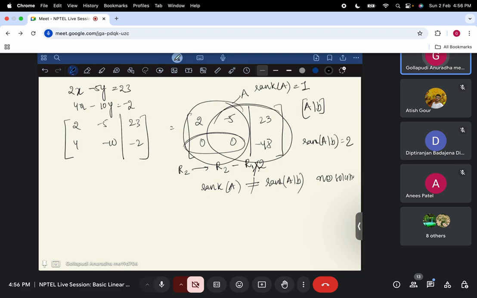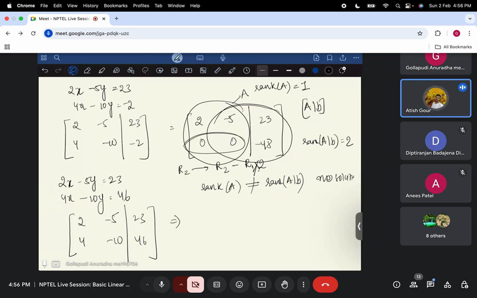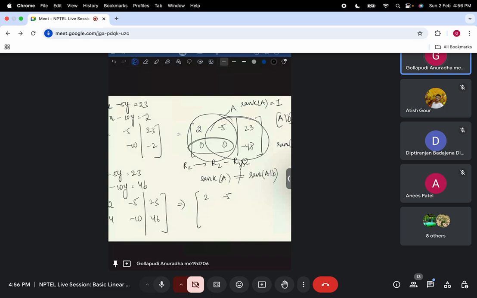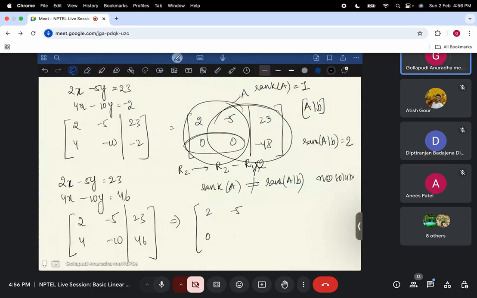So now take another example. Suppose you are having this 46, for example, then infinitely many solutions. You can reduce it to this.